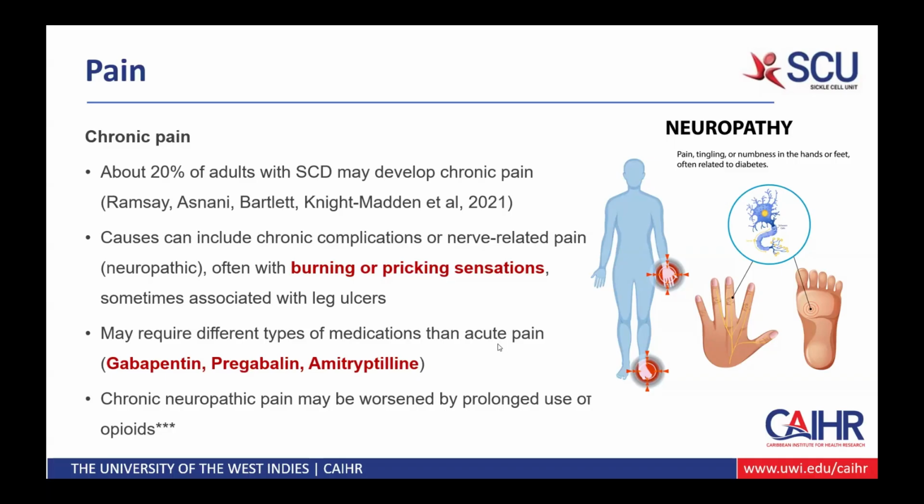In a study that we did recently, about 20% of adults developed that. So that is something that's important to recognize. The reason why is that if you have that, sometimes those opioid medications can make it worse, right? And so we want to be able to identify when that's happening.